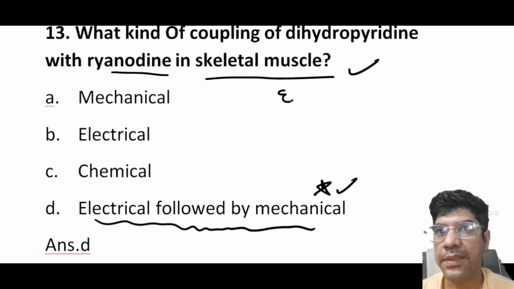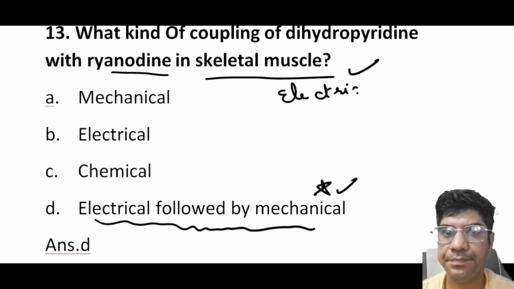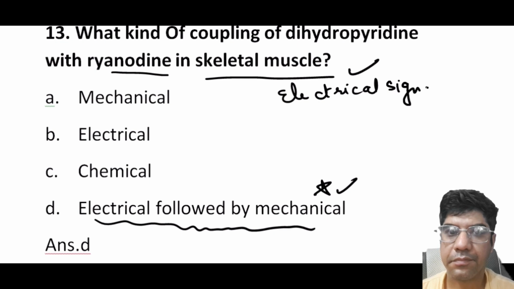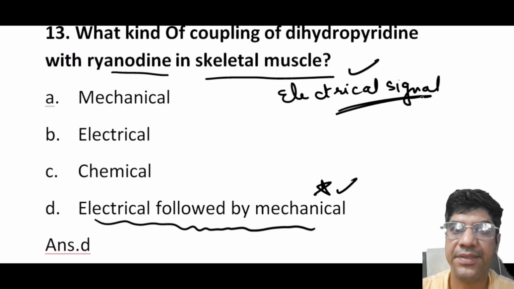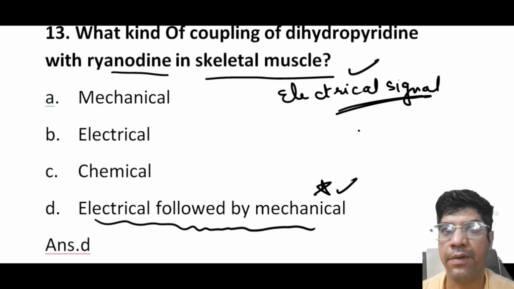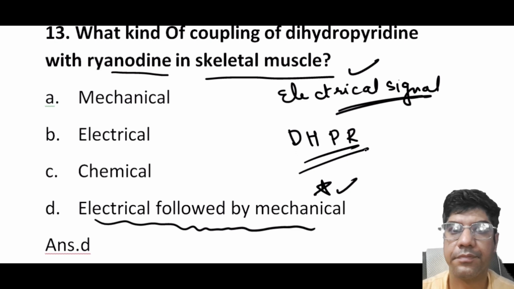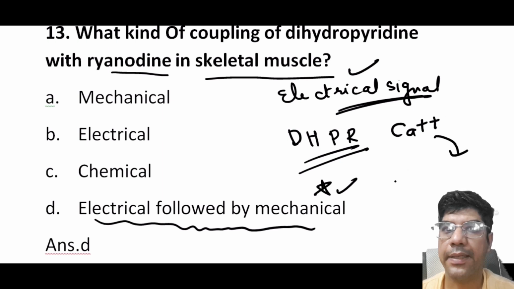So the electrical signals: when an electrical signal such as a nerve impulse reaches the skeletal muscle, it triggers the opening of the dihydropyridine receptor channels. The opening of dihydropyridine channels allows the calcium ions to enter the muscle from the extracellular space.